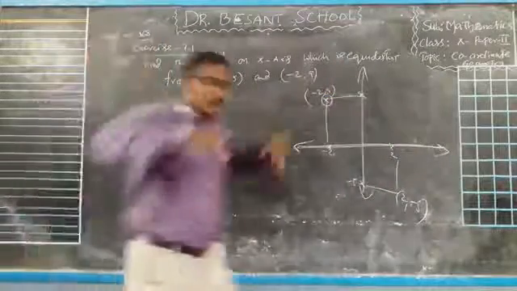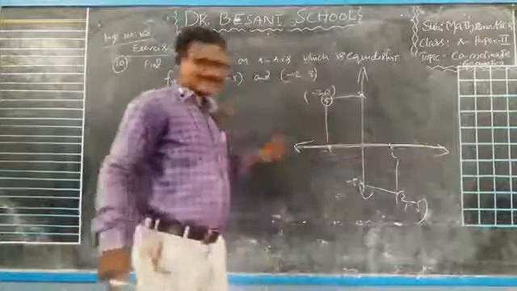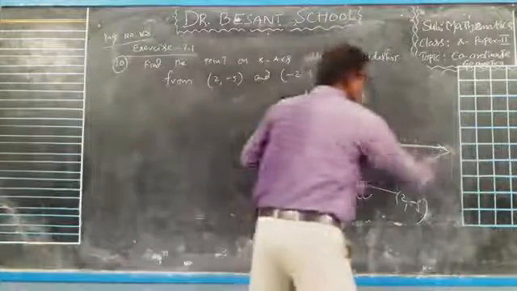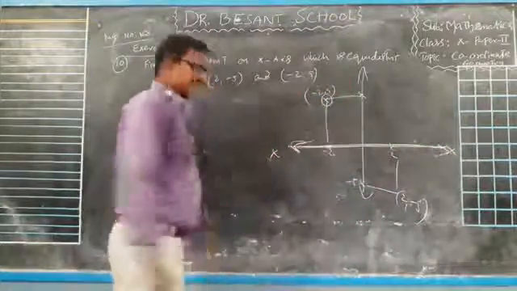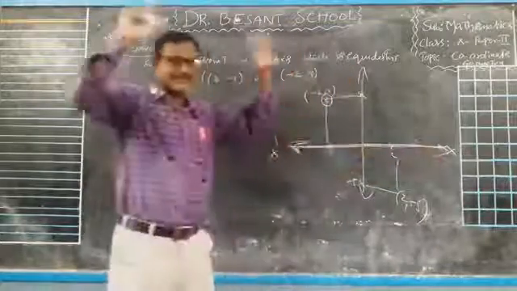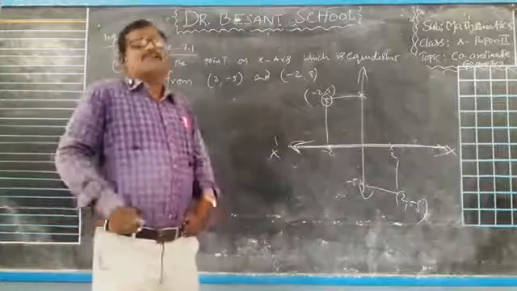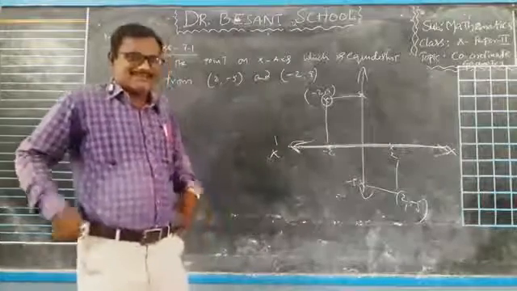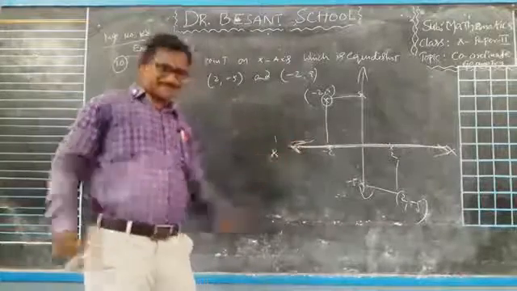That means some point is there on x-axis, either on positive side or on negative side. So we need to find out that point's ordered pair, which is exactly equidistant from these 2 points.